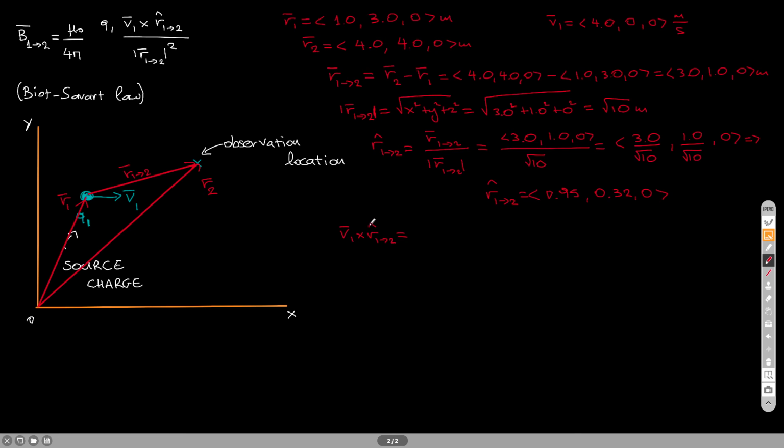Now, to help you understand a little better how we're going to do this, I will start by writing the cross product for two generic vectors A and B, and then I'm going to apply that for the cross product that I want to calculate.